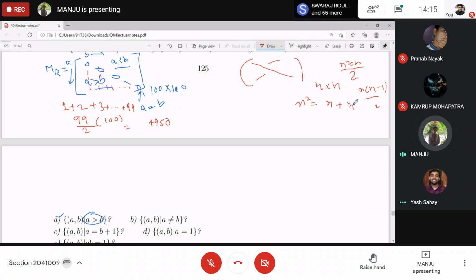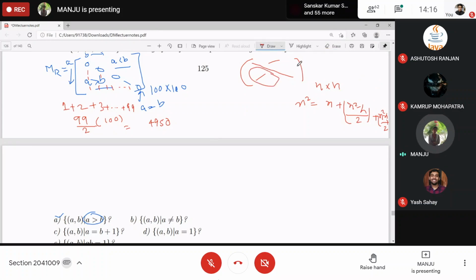N square minus n. And you know that these are equal in number, the number of these is equal to the number of those. So above diagonal is n square minus n by 2, plus below diagonal n square minus n by 2. Clear? Or in general, you can just say n into n minus 1 by 2 below diagonal, and the same for above diagonal.